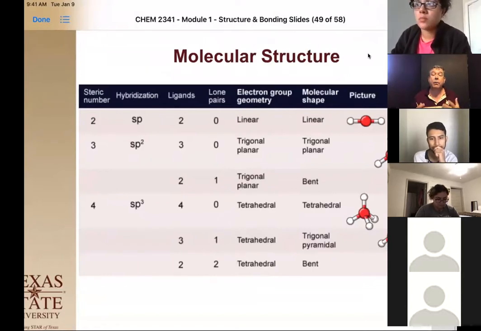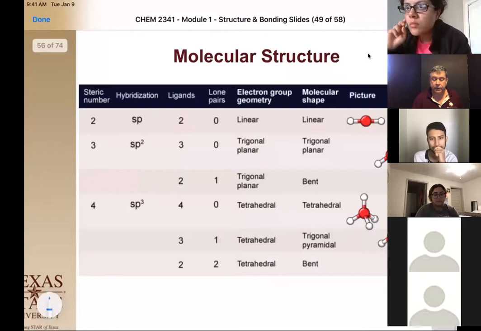However, if you have a lone pair, you're going to have a bent geometry. But the angle between these 2 atoms is going to be close to 120 degrees. That's how you can tell the difference between an sp2 hybridized bent molecule and an sp3 hybridized bent molecule, because this is going to be closer to 109.5.